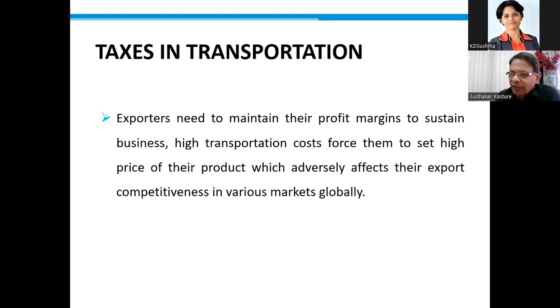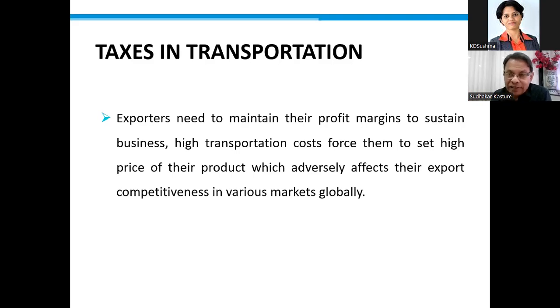Post-pandemic, the freight payable for the same distance is $11,000. So the freight has increased from $3,000 to $11,000, and I don't make that much profit that I can afford to bear the cost of the freight. So it is better for me not to export the goods.